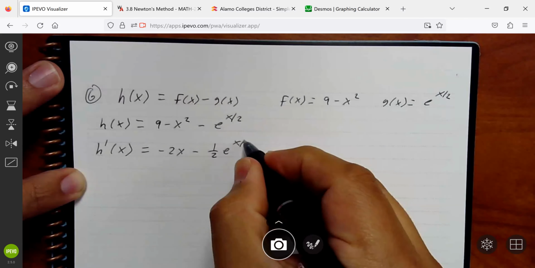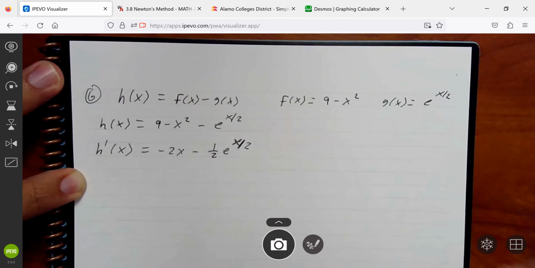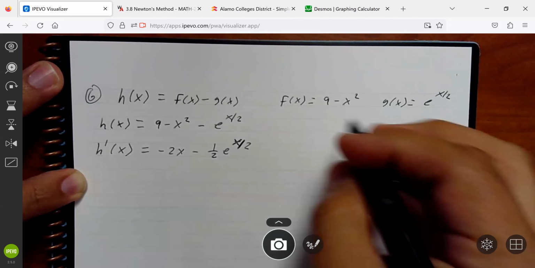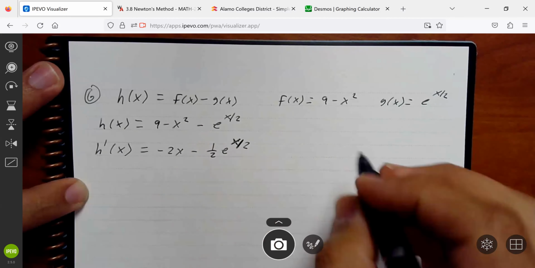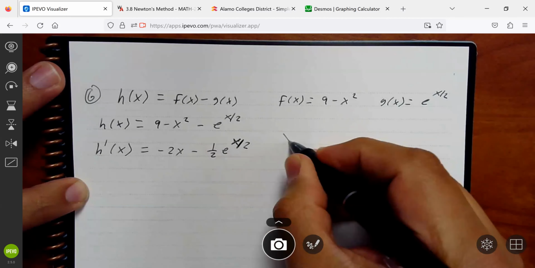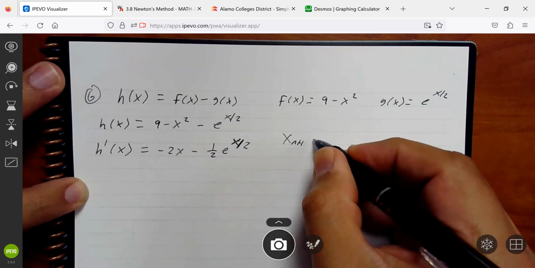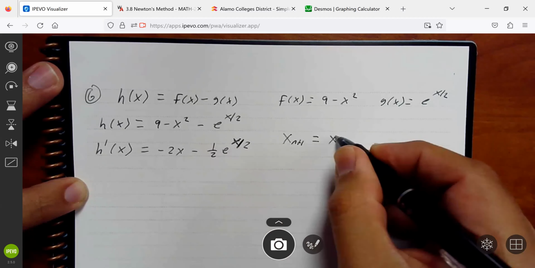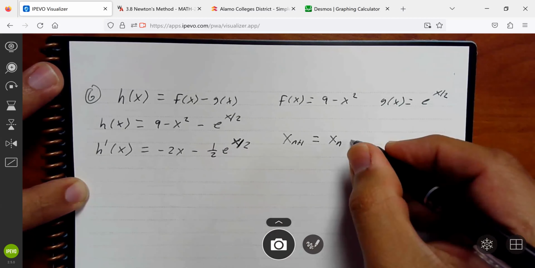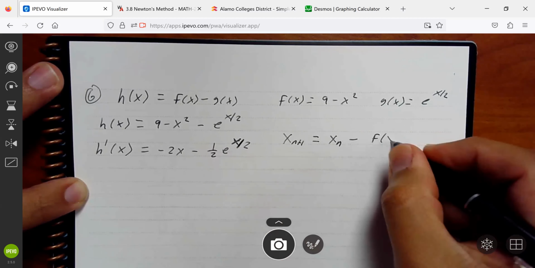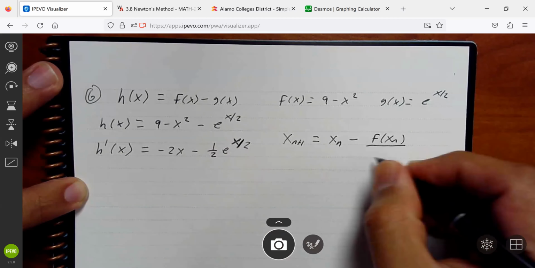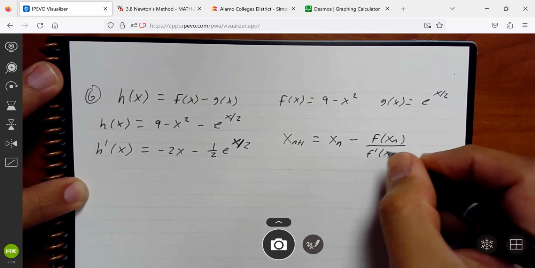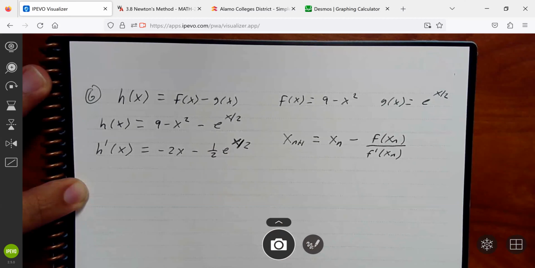That looks ugly right there. Okay. So remember, the formula we're using: the next point closer to the 0 is equal to the one you first chose minus the function at that value over the derivative of that value.